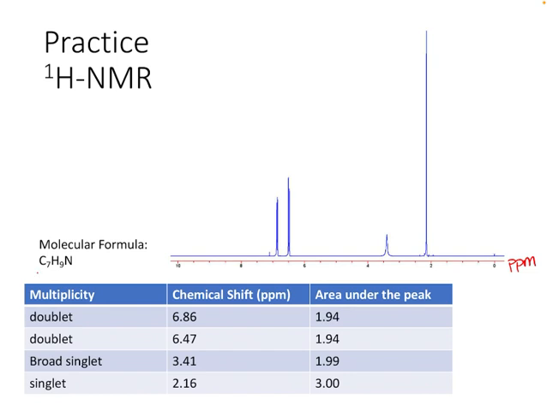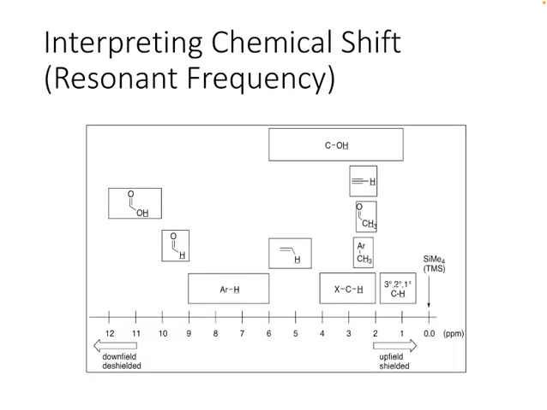We're given the molecular formula of our compound, C7H9N. Additionally, we can use the proton NMR chart that's on Canvas to help us figure out what functional groups our protons might be attached to.